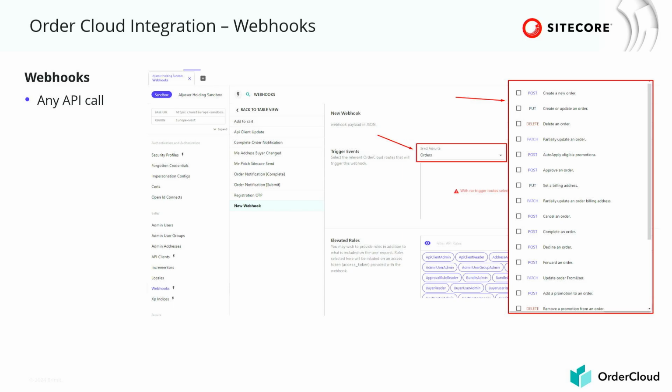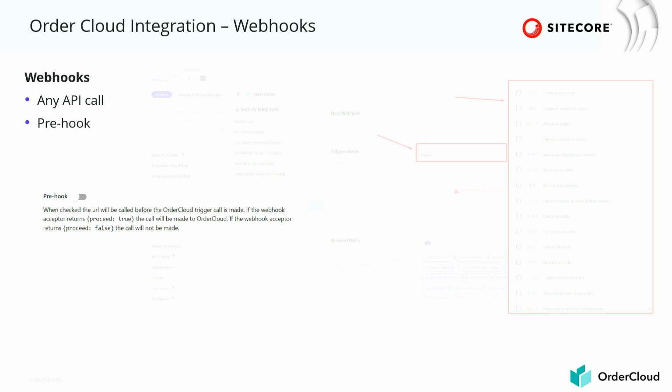You can create a new webhook, select a resource, and specify any API call. You can select one or multiple API calls for a single webhook. There is also an option called pre-hook.